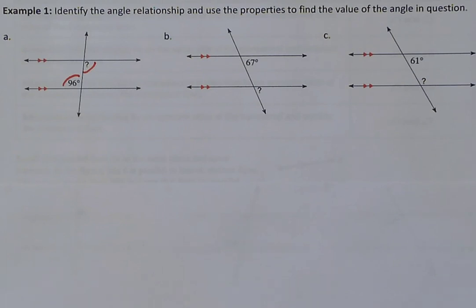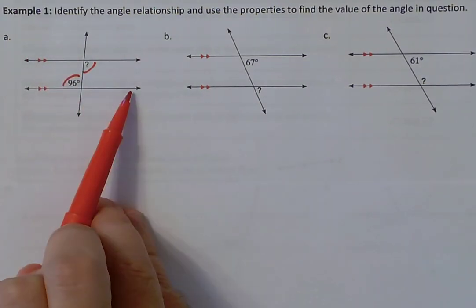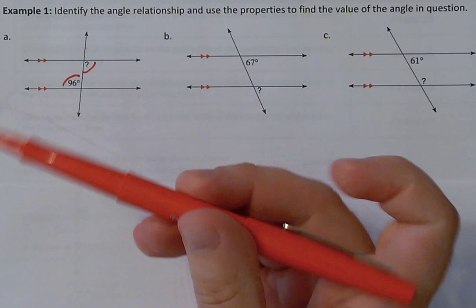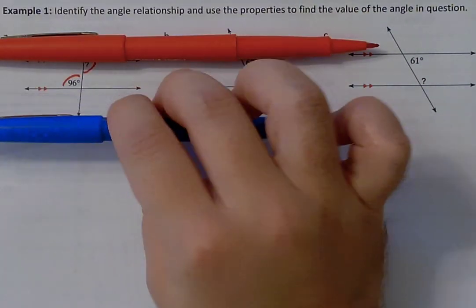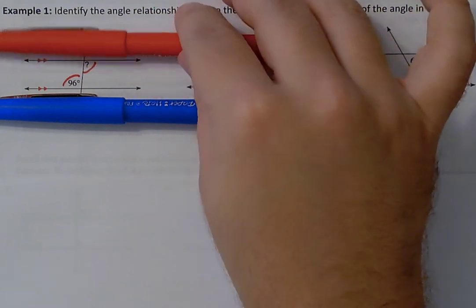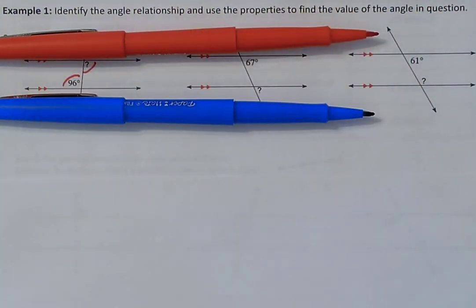Both of these angles are in between the parallel lines. If they're in between the parallel lines, that takes it to either same side interior or alternate interior. So the second question I have for you is, are they on the same side of the transversal or alternate sides of the transversal?